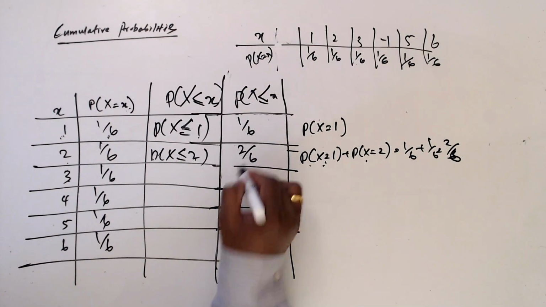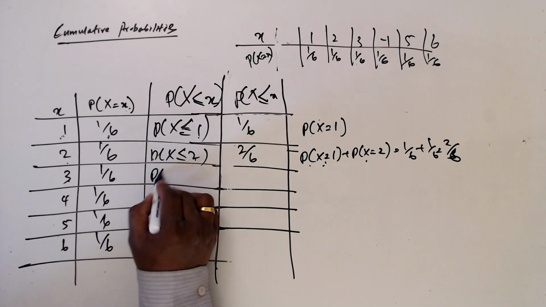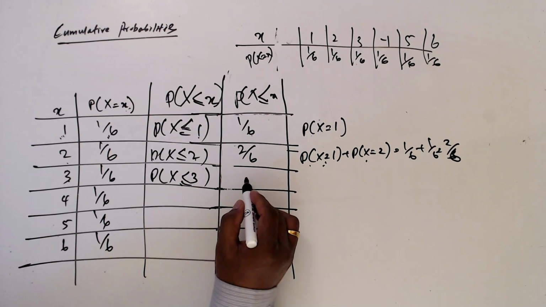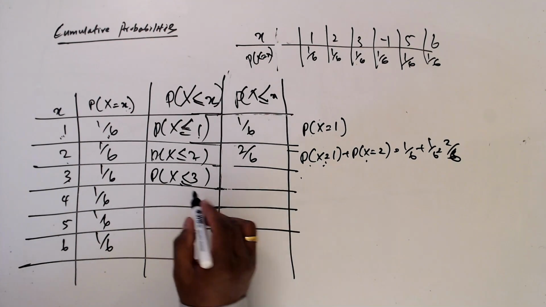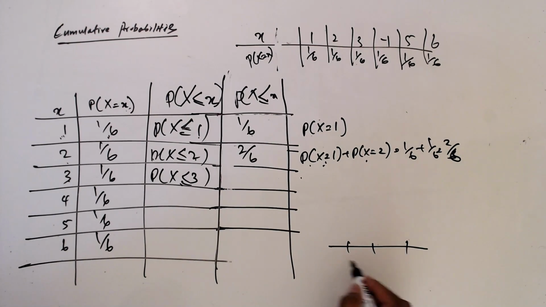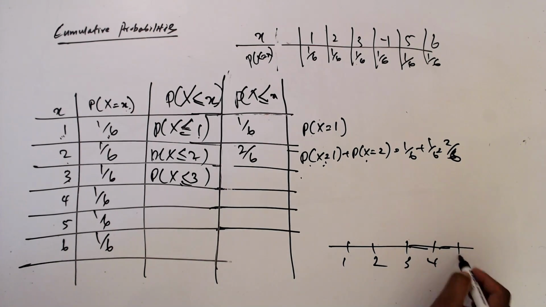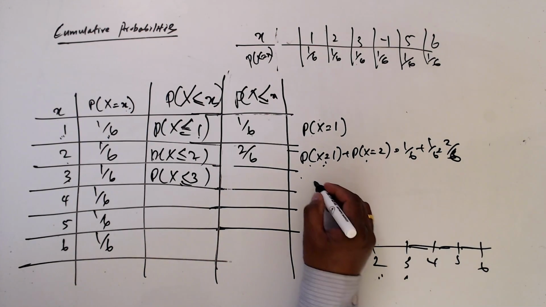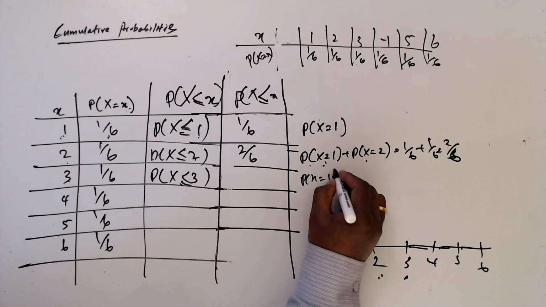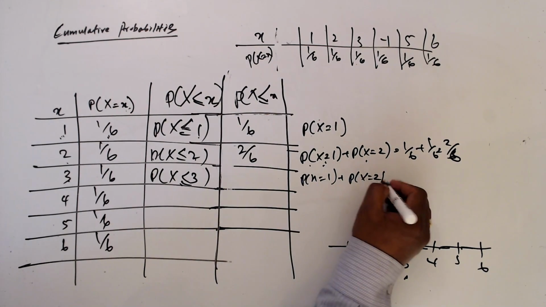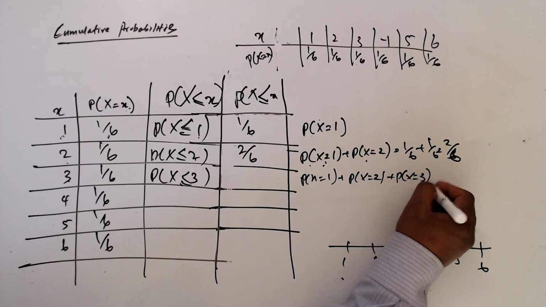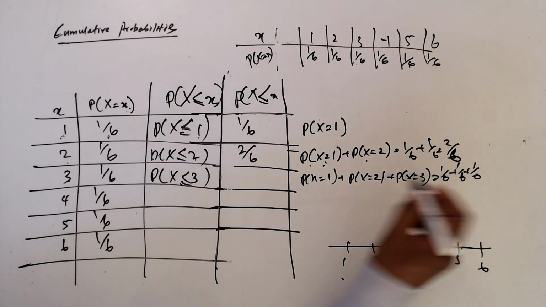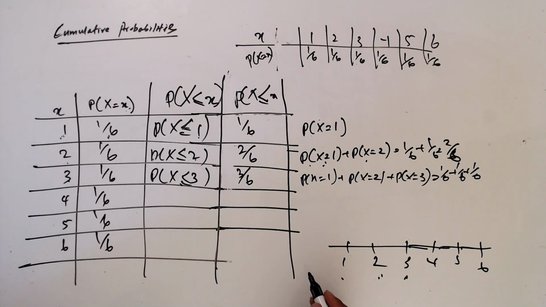When x is less than or equal to 3, this is the cumulative. Taking the number line, less than or equal to 3, so all of 1, 2, 3. Probability of x equal 1 plus probability of x equal 2 plus probability of x equal 3, so 1 over 6 plus 1 over 6 plus 1 over 6. This is 3 over 6.